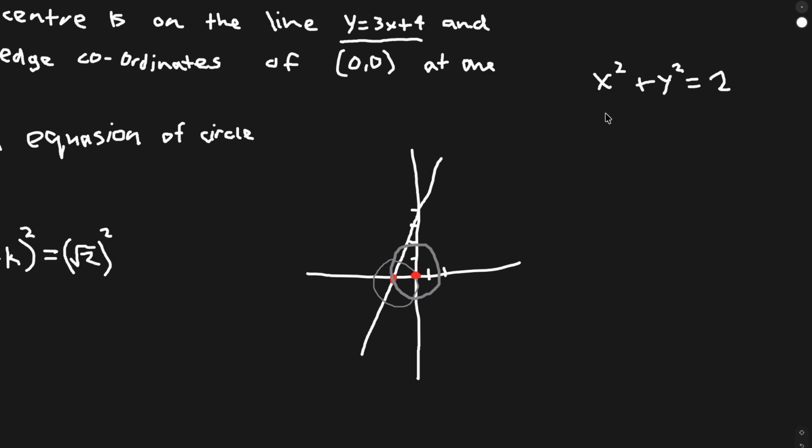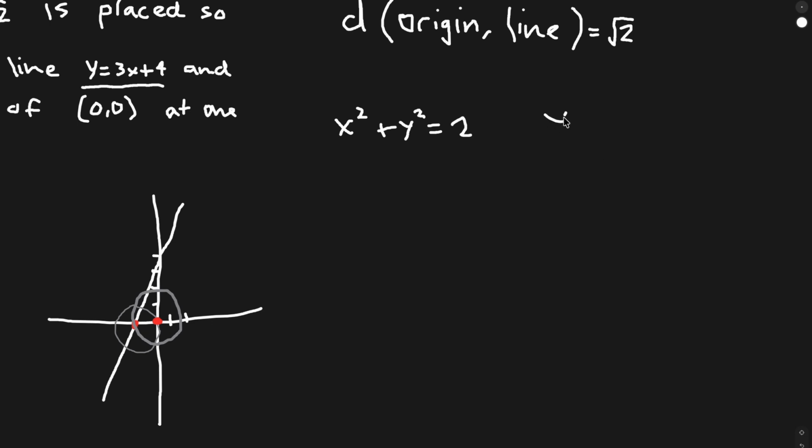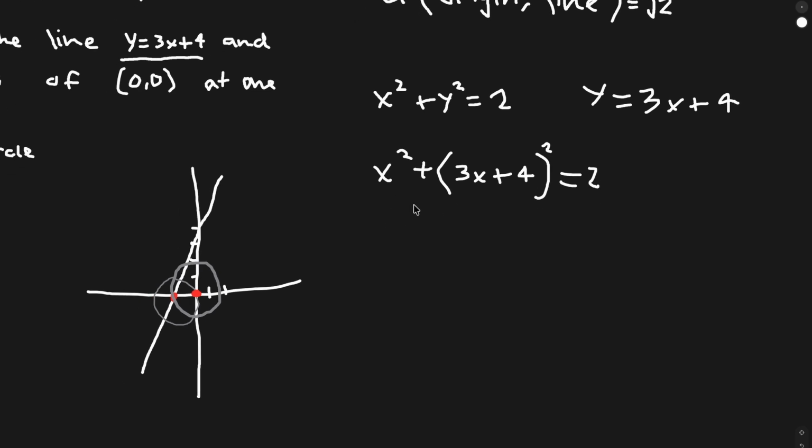So let's see. So y equals 3x plus 4. So wherever we see a y, we're going to put a 3x plus 4. So x squared plus, now there's a y, so we're going to put this whole thing, 3x plus 4 squared. Now let's expand this out. So x squared plus, I'm going to write it twice just so it's easy, 3x plus 4 times 3x plus 4.